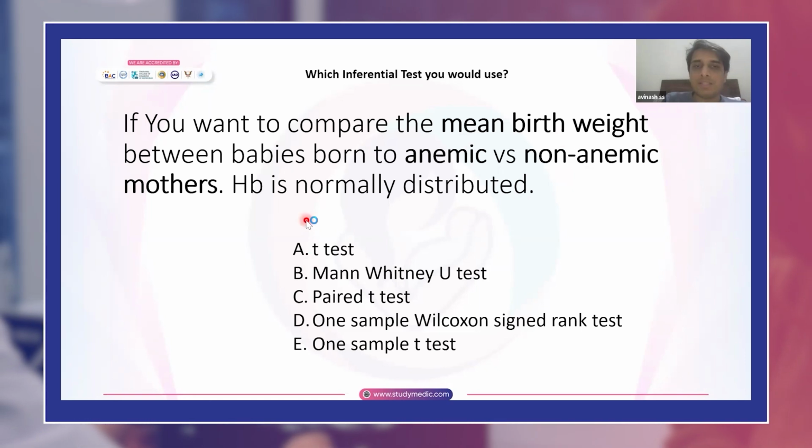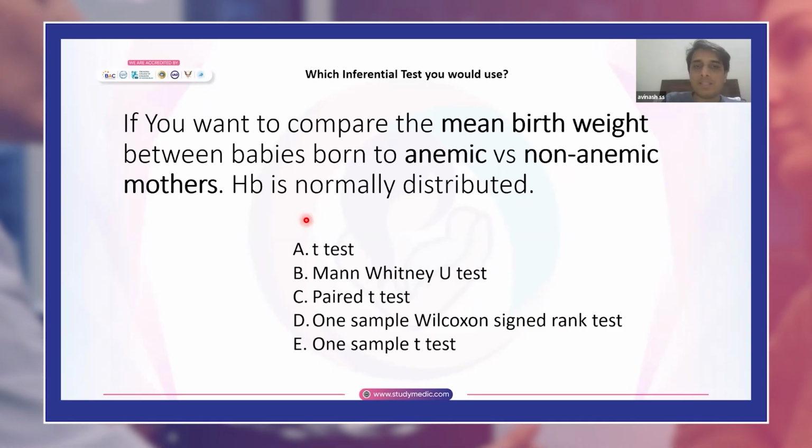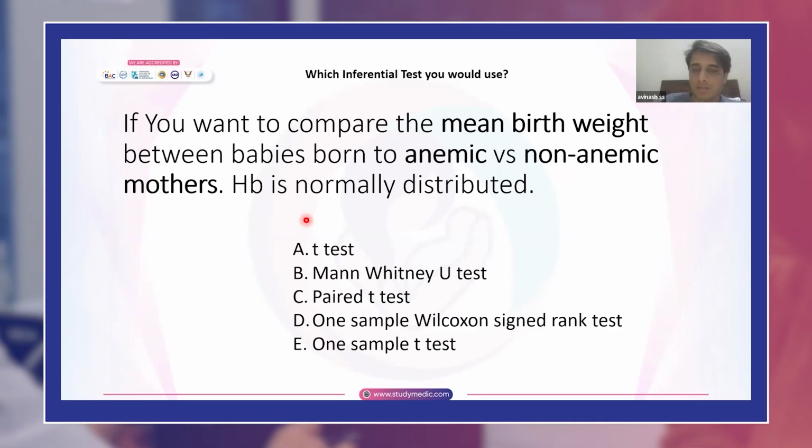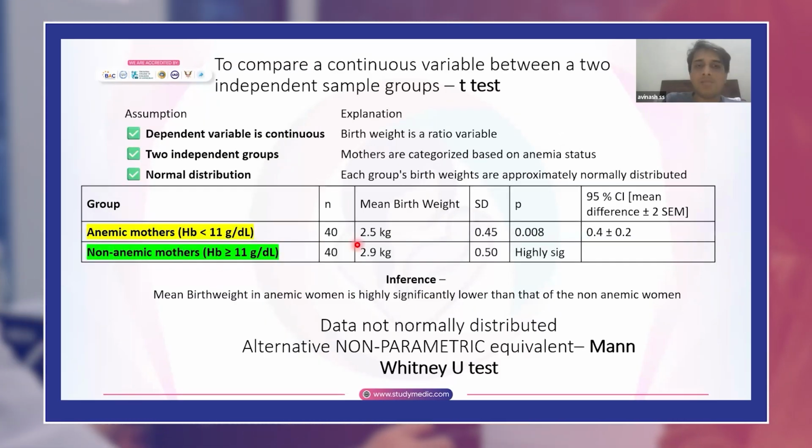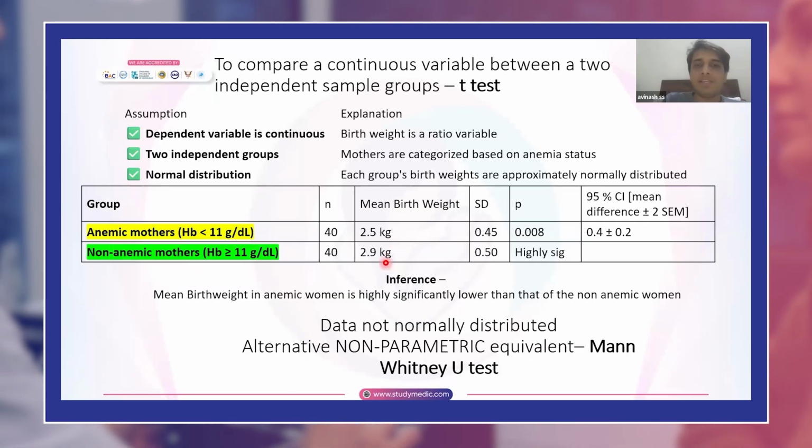Okay, so when do we use the t-test? We use the t-test to compare the continuous variable between two groups. In the anemic mothers, the mean birth weight is 2.5 kg. In non-anemic women, the mean birth weight is 2.9 kg.